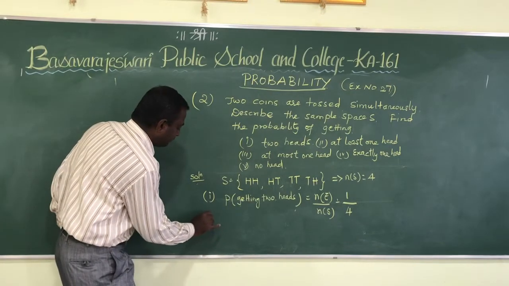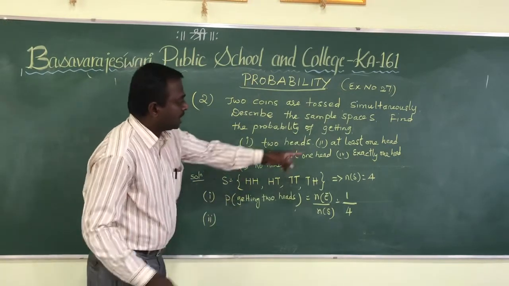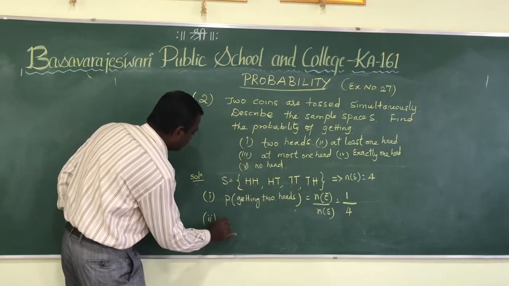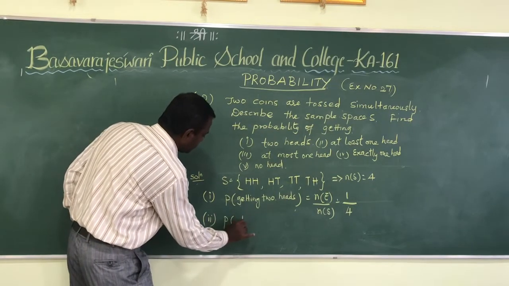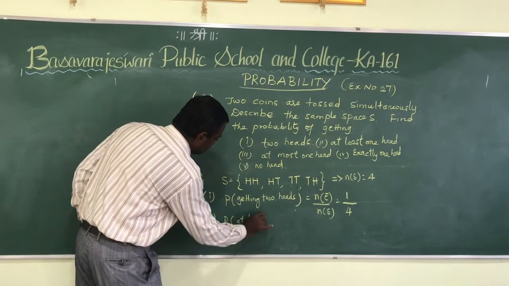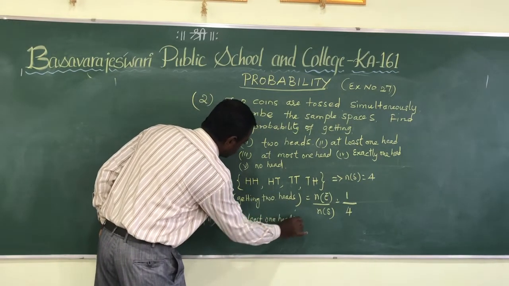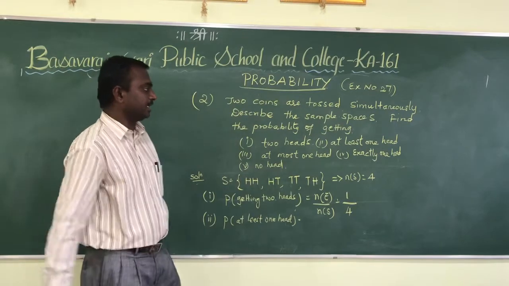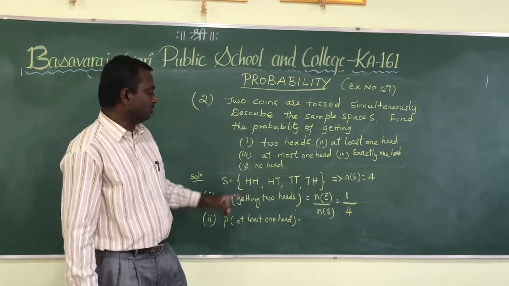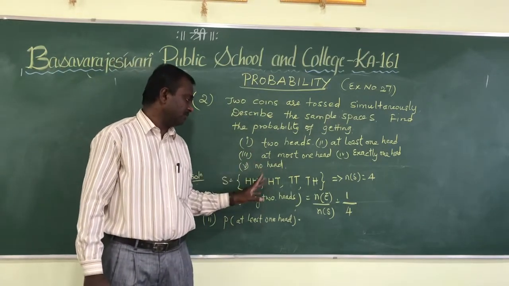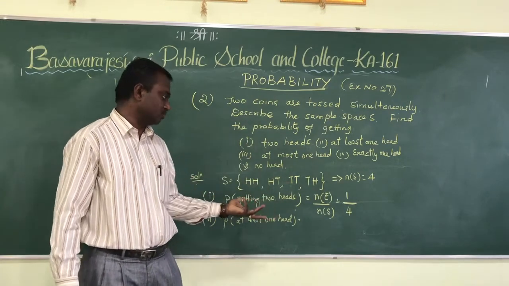Second, at least one head. Probability of getting at least one head. So what is the meaning of this? Minimum one head should be there, and maximum two heads.